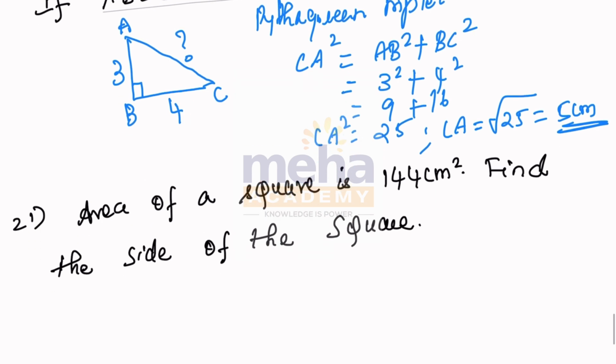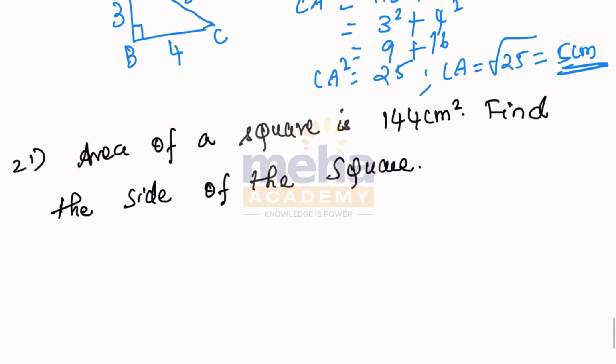Next question. Area of a square is 144 centimeter square. Find the side of the square. So area of the square is given by a square is equal to 144. Always remember, when the square comes to the other side, it becomes square root.